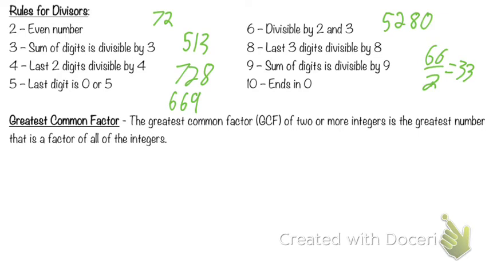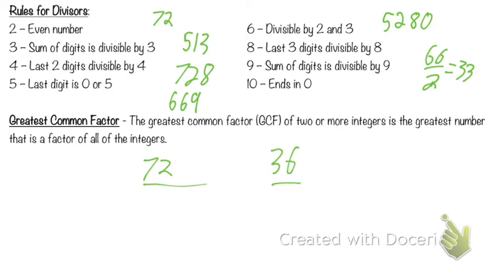So the greatest common factor, or sometimes just called GCF, greatest G, common C, factor F, of 2 or more integers, numbers, is the greatest number that's a factor of all the integers. So if I'm talking about the number 72, we used that one earlier, and 36.